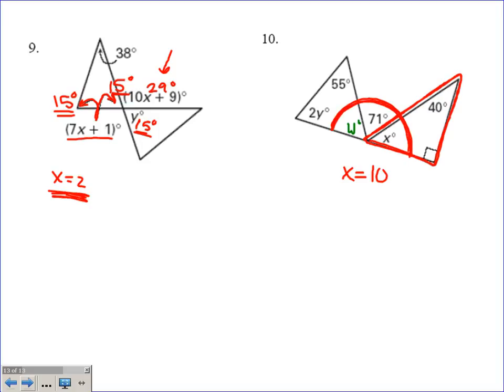So you set up a second equation that would say, whatever your x is, plus 71 plus w has to equal 180 because that's a linear triple. Okay? Then once you figure out what w is, then you can use the second triangle. So this is actually like a three-part problem, is what number 10 is. It's a little complicated, but the rest of them are very straightforward. The last two I thought were a little complicated for you.